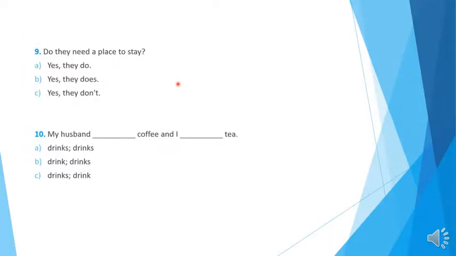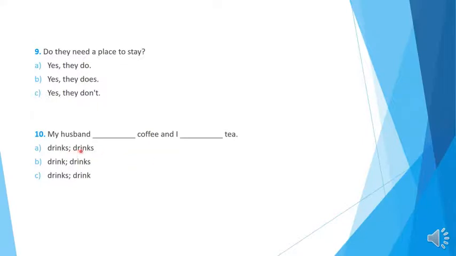Number 9, do they need a place to stay? Yes, they do. Yes, they does. Yes, they don't. Short answers, right? Okay, hope you found the answer. Number 10, my husband blank coffee, and I blank tea.